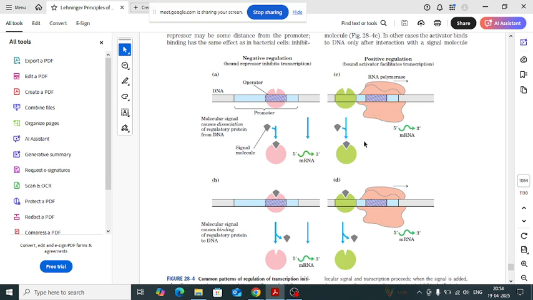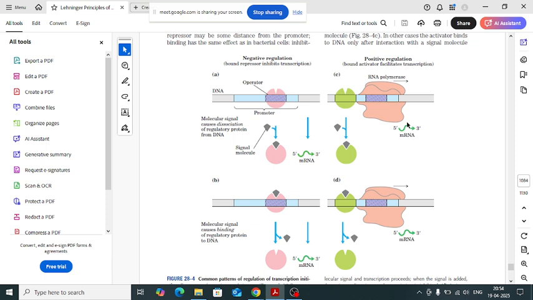But if a signal molecule binds and dissociates this activator from the promoter region, then RNA polymerase cannot be recruited when the activator is absent. In that case, there will be no transcription, so no expression of that particular gene.